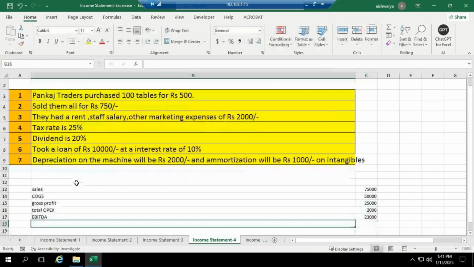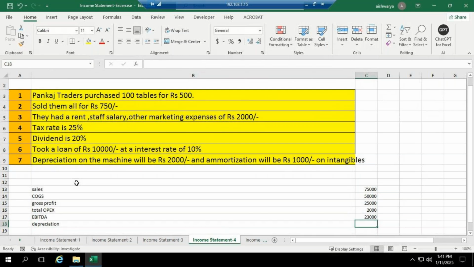Then again you have to put the depreciation and amortization. Depreciation on the machine will be rupees 2,000 and amortization will be 1,000. So totally how much? 3,000.